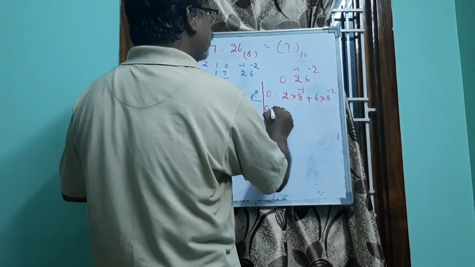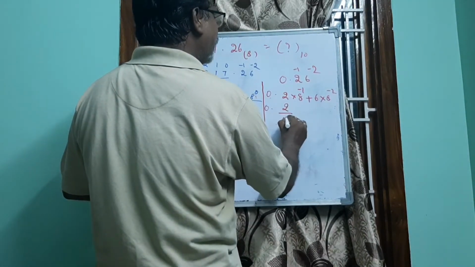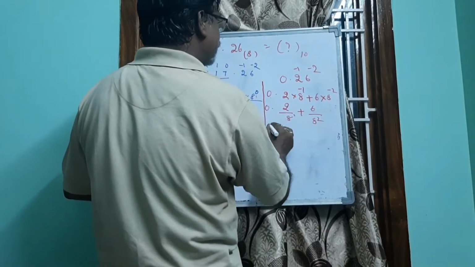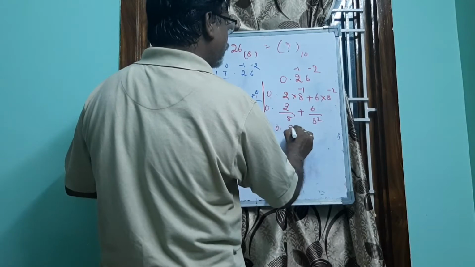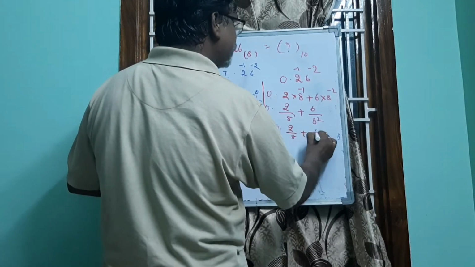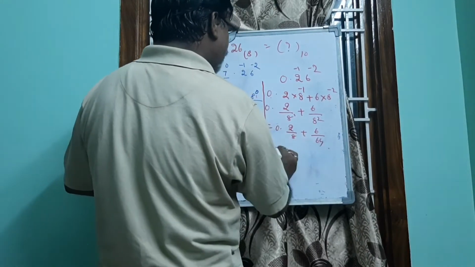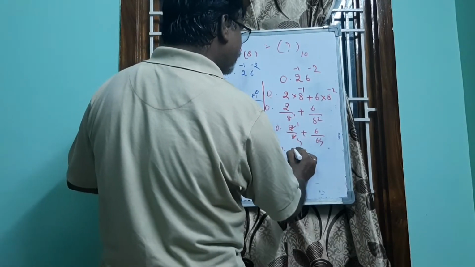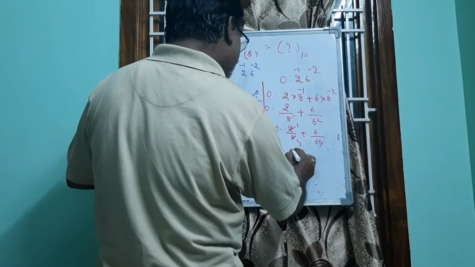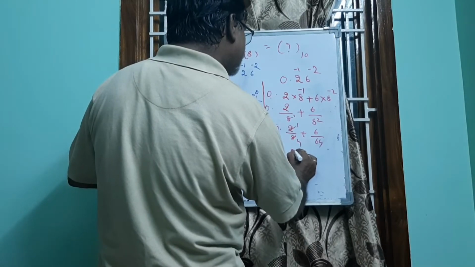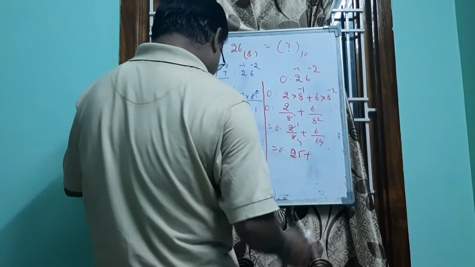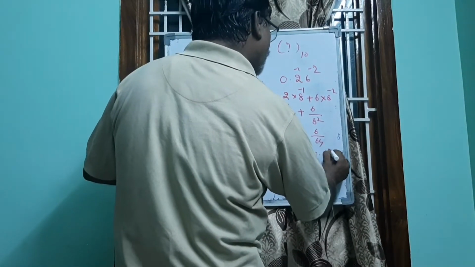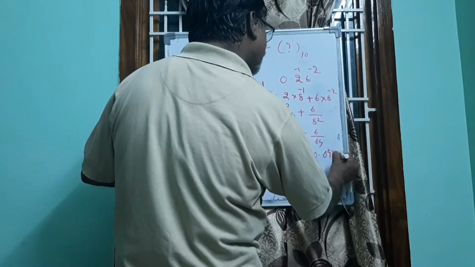So this is 2 by 8 plus 6 by 8 square, which is 2 by 8 plus 6 by 64. 2 by 8 is 0.25, plus 6 by 64 is 0.09375.